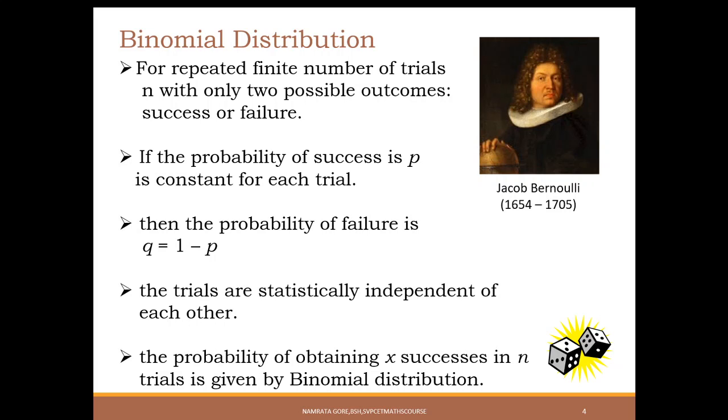For the same question, if the success is to be the die landing on an even number, then n will remain 20, but P, the probability of success, will be 3 by 6, that is 3 even numbers out of 6. So the answer for P is 1 by 2.